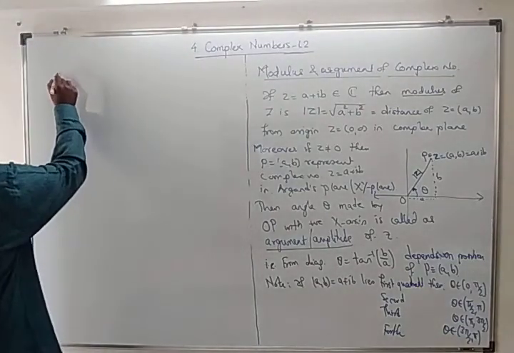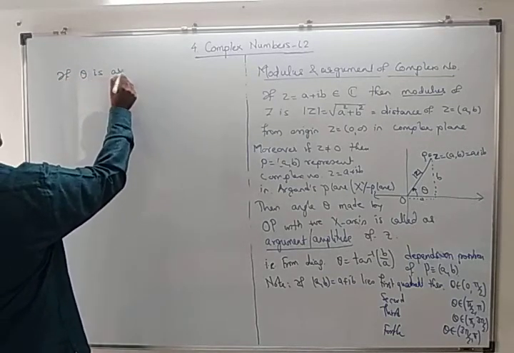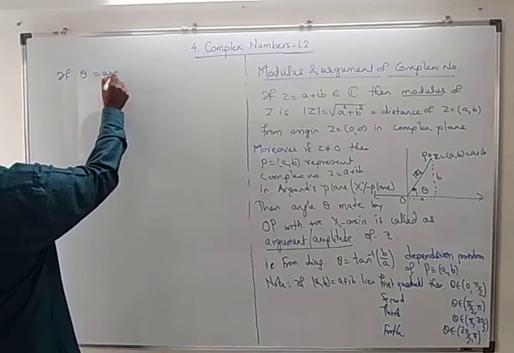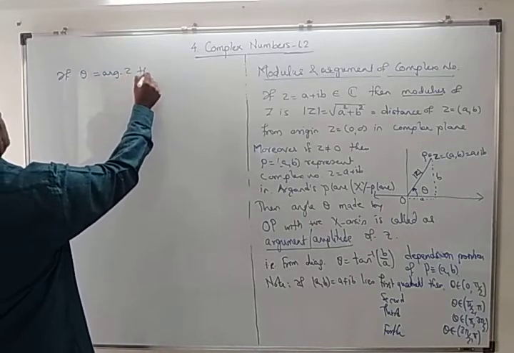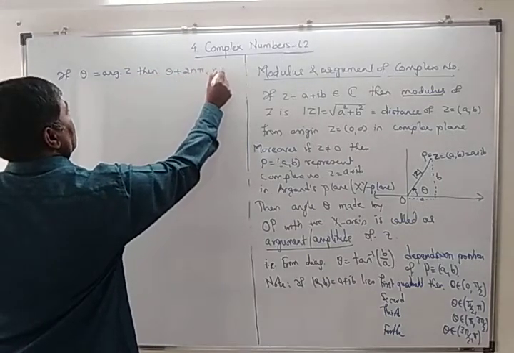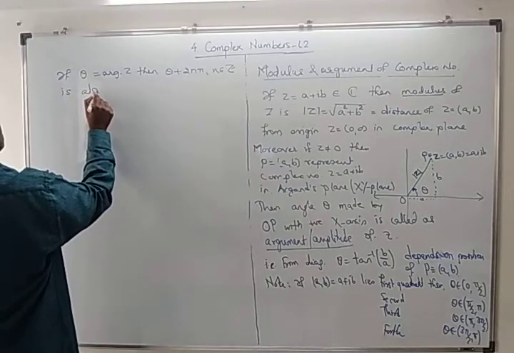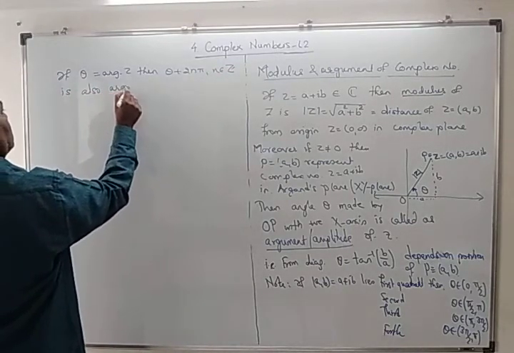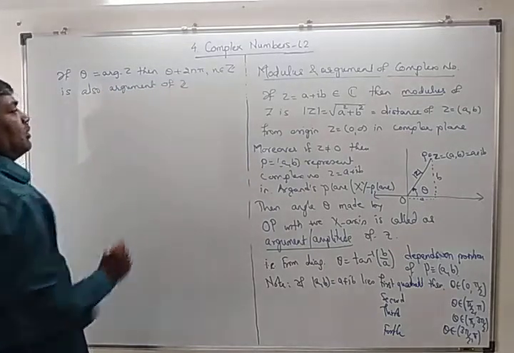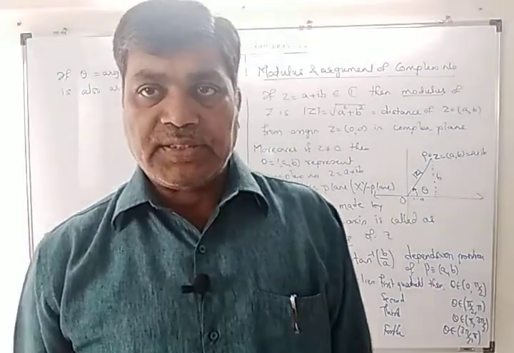If theta is the argument of z, then theta plus 2n pi, n belongs to Z, is also an argument of z. So any complex number has infinitely many arguments.